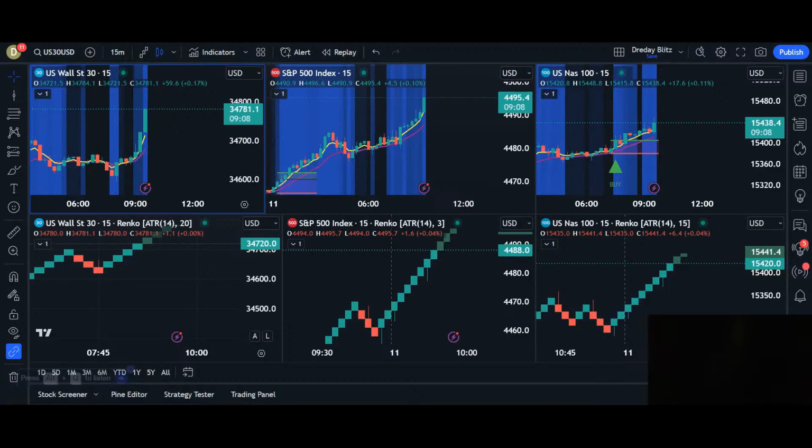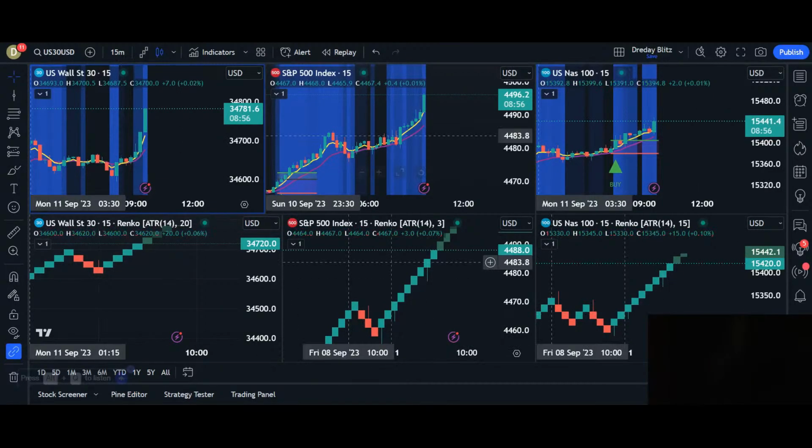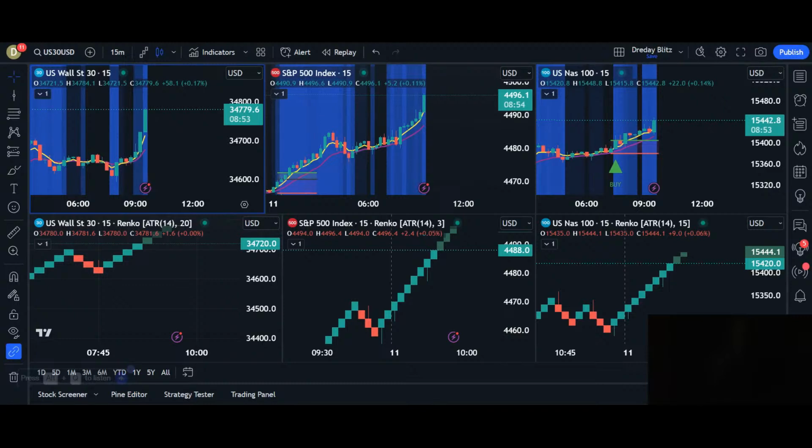It will calculate everything based on the logic of the indicator. So it's 9:36 right now. Still pushing up for the market. S&P 500 and US 30 are still pushing, and Nasdaq is starting to push too.